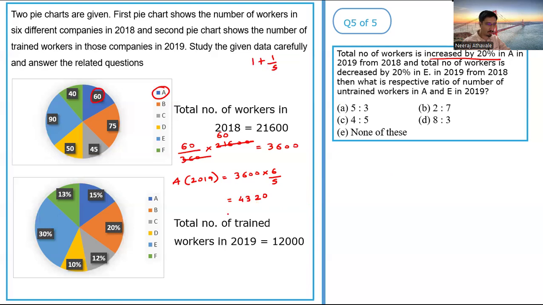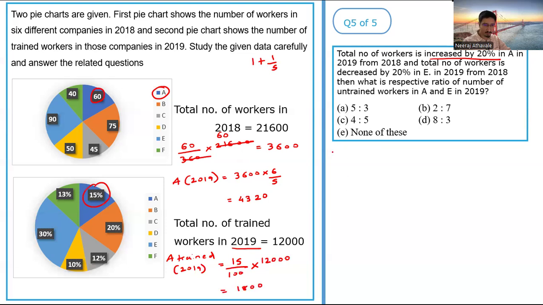Now we move on to number of trained workers in 2019. So it will be A trained in 2019. It is 15 percentage of 12,000, which comes out to be 1800.